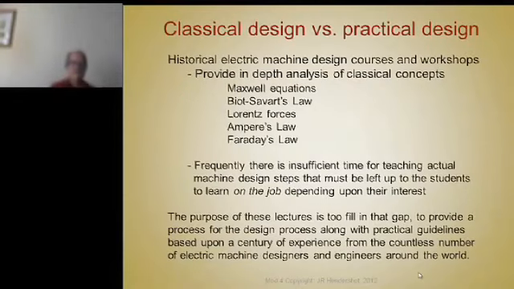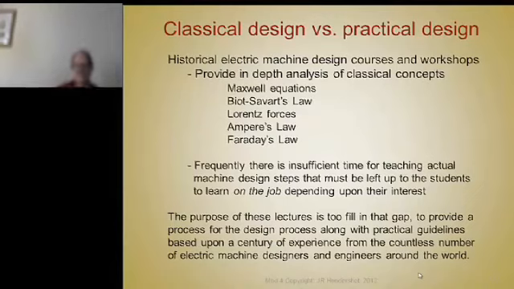Let's talk a minute about the classical design approach versus practical design. There are plenty of historical machine design workshops and courses that provide in-depth analysis of classical concepts, but in those classes there's usually insufficient time to teach you the practical machine design steps, which are usually left up to the students to learn on the job after they get a job somewhere.